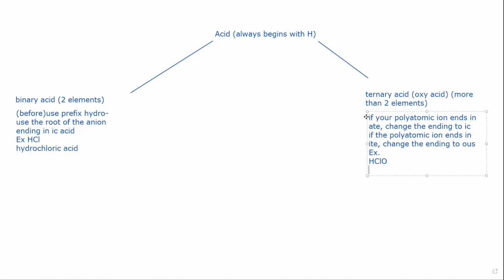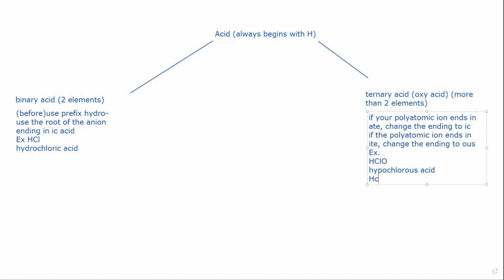Since the name of ClO is hypochlorite, you would take the ite off and change it to ous, so hypochlorous. And of course the word acid. I'm not going to write the word acid after each example.